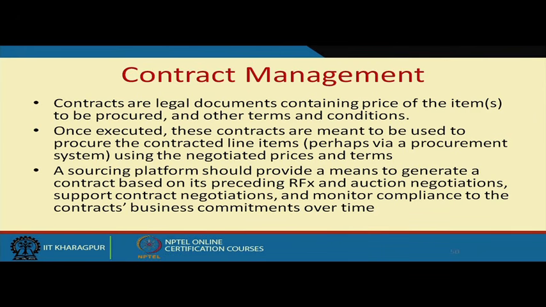A sourcing platform must also provide a means to generate the contracts based on the preceding RFX and auction negotiation, depending on whether it is a single round or multi round discovery, but the contract is to be generated by the sourcing platform.